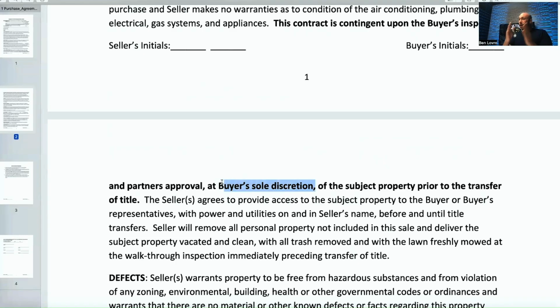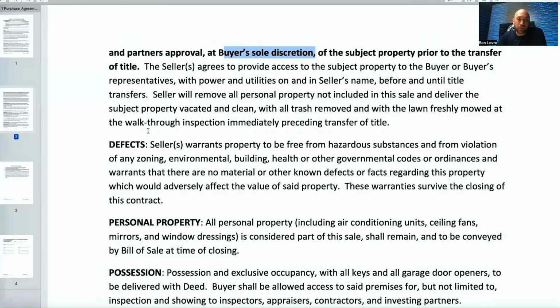This puts it as an option, giving us freedom to come in here, inspect the property, and make sure it is a good fit for us, for any of our buyers, our partners, anyone else that the property could be assigned to or might pick it up before the time of closing, right? So that's a really, really strong clause on our behalf.